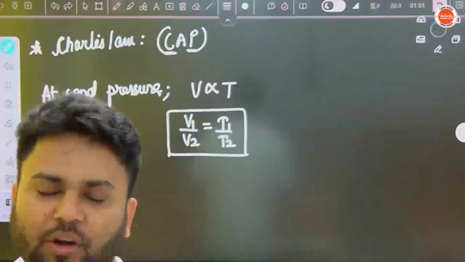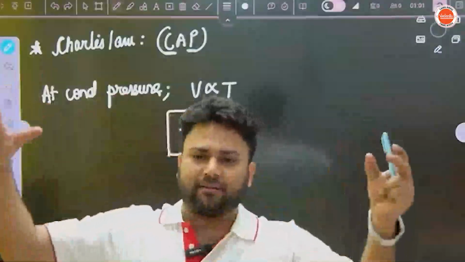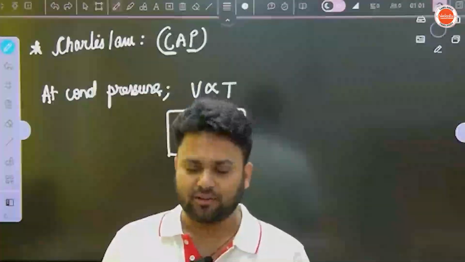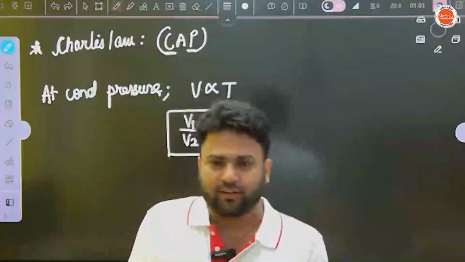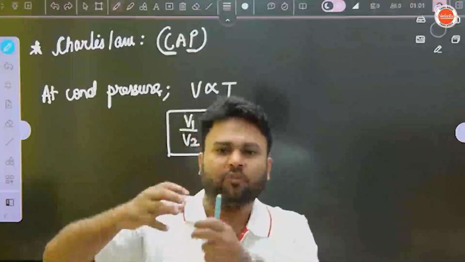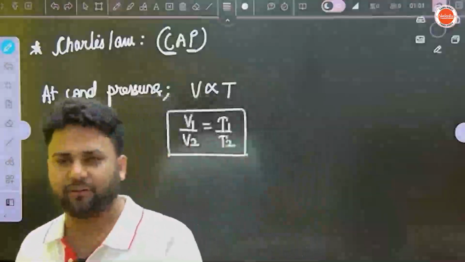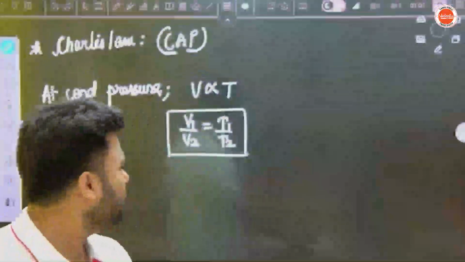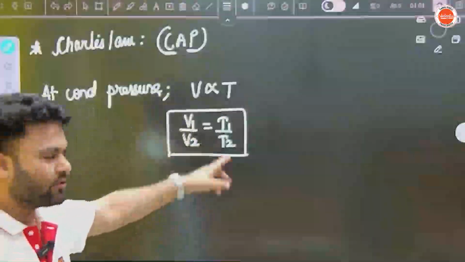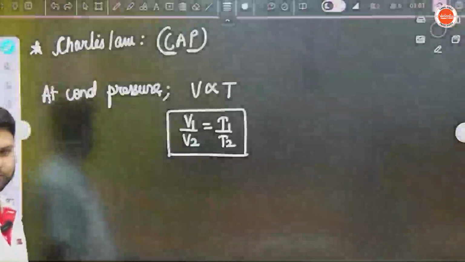If you heat it, what will happen? Molecules will go apart. Suppose molecules are located here and there. If you heat, they will get energetic and move away from each other, so their volume will increase. So always remember, if you increase the temperature, volume increases at constant pressure. The pressure is constant, so V1 by V2 equals T1 by T2.